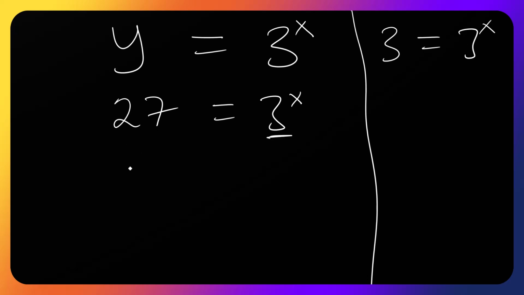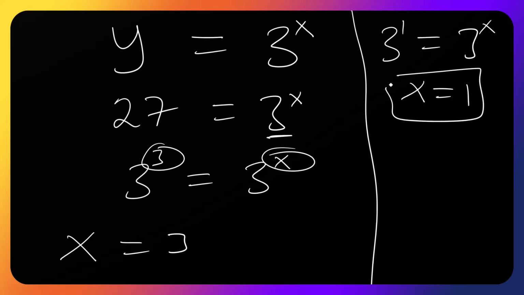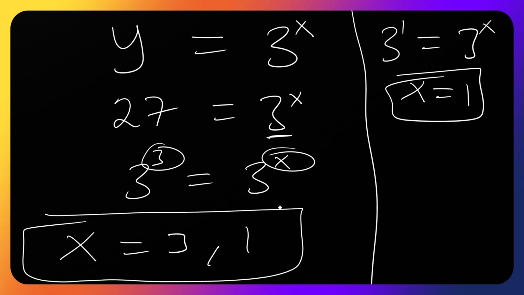Let's change this: 3 to the power of 3 equals 3 to the power of x. So we have this equals that, x equals 3. And this side is 3 to the power of 1, so x equals 1. So we have two solutions here, x equals 1 and x equals 3. All right.